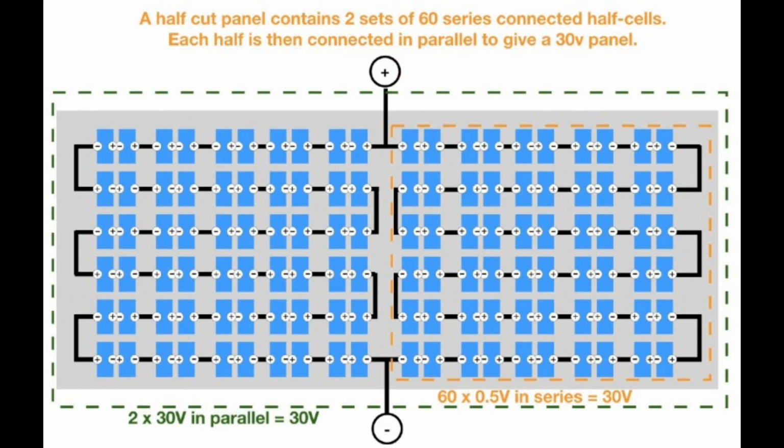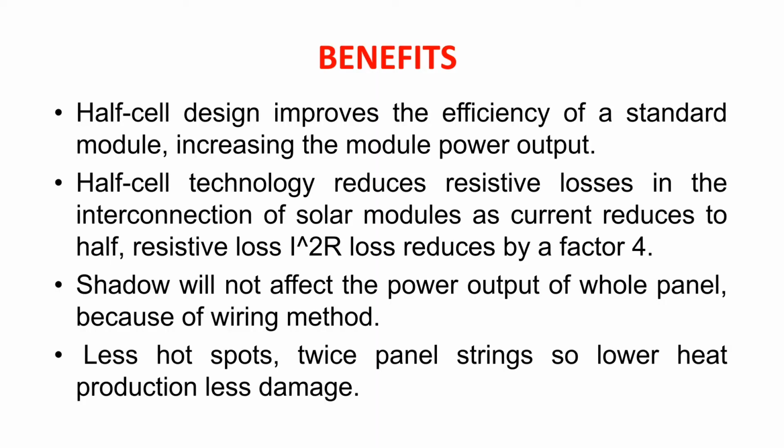Like 60 half cells of 0.5 volt connected in series, the voltage will be 30 volt. And when we connect the same panel with its twin half, the voltage will be 30 only, because we are connecting them in parallel. Current remains the same in series and gets added in parallel. So the voltage and current are maintained in the same range as full cell panels. This is because the inverters to which we connect these solar panels are made for specified voltage and current.